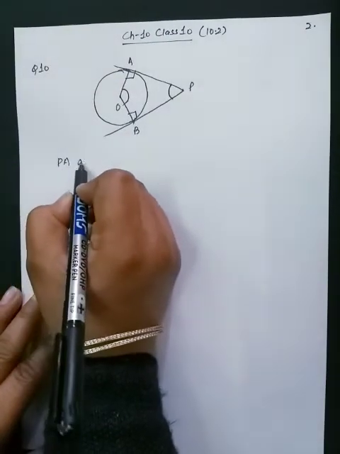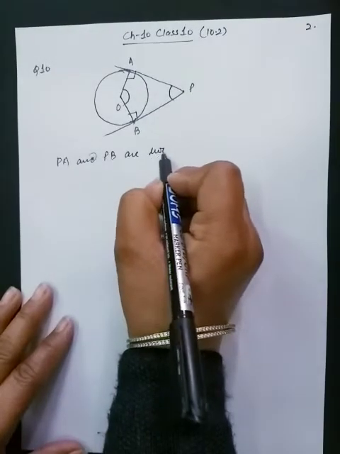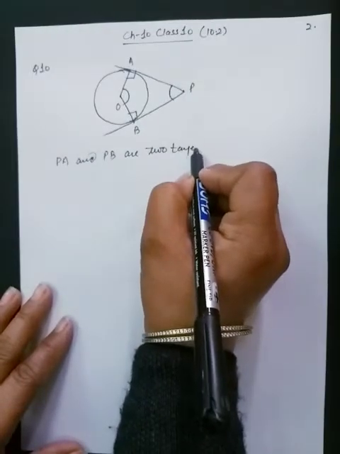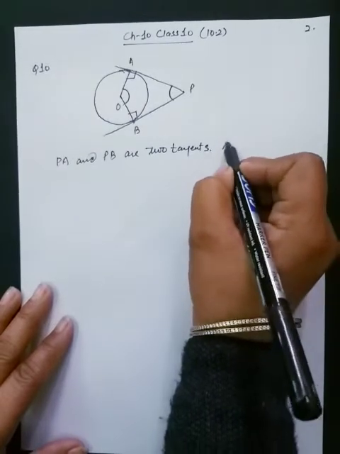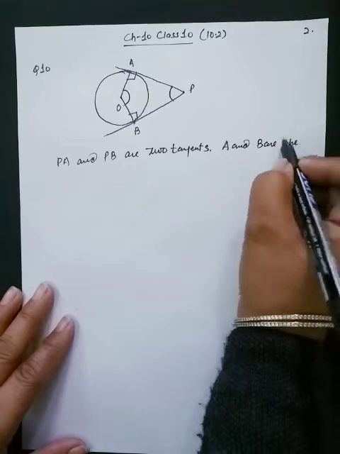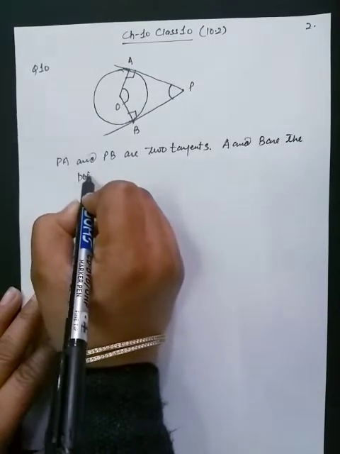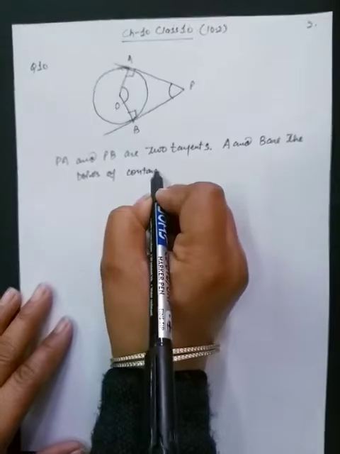Here PA and PB are two tangents. A and B are the points of contact.